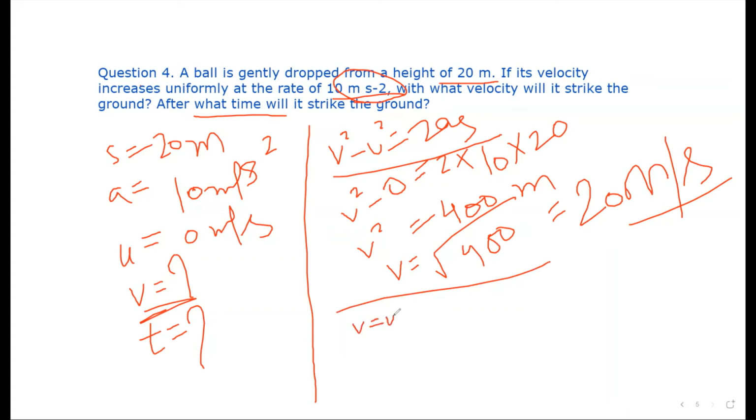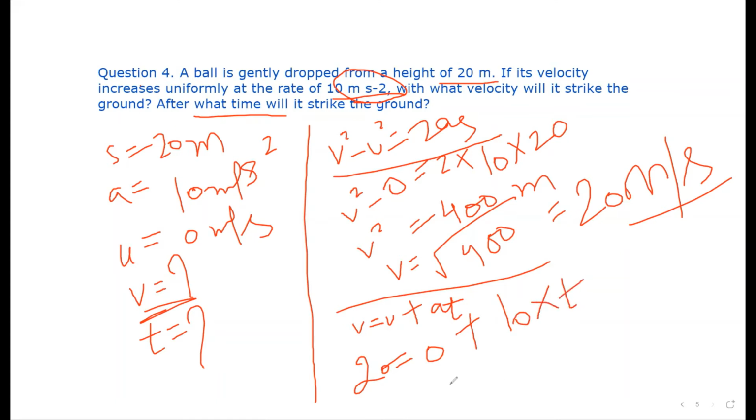That is V equals U plus AT. What is V? We just got it. V here is 20. What is U here? U is 0. A is 10. And we have time, which we have to find out.